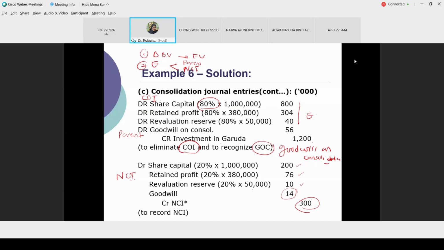Okay. So up to this one, do you have any questions? Because after this we're going to prepare a consolidated financial statement. Any questions that you have? Any of those? Because you still have time here. Any questions that we have here?